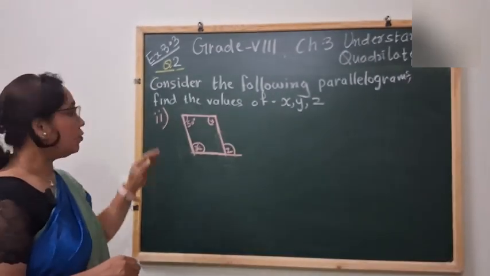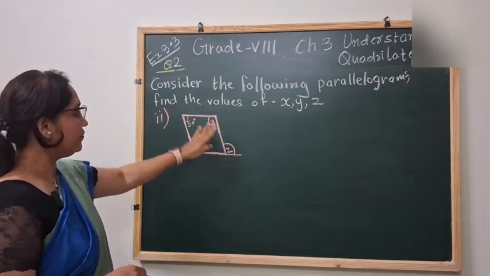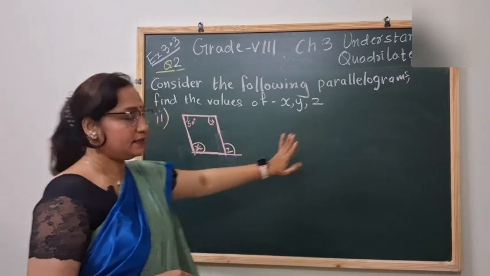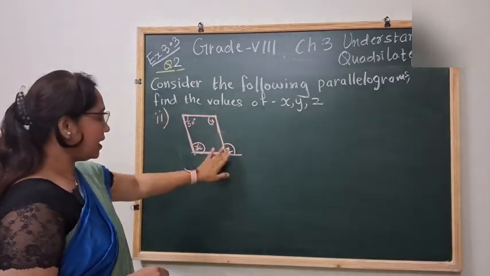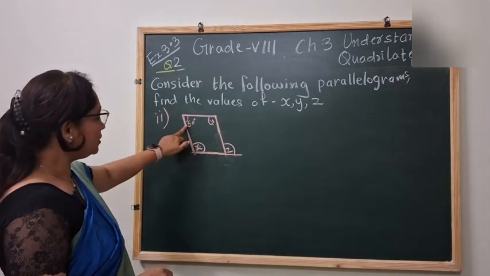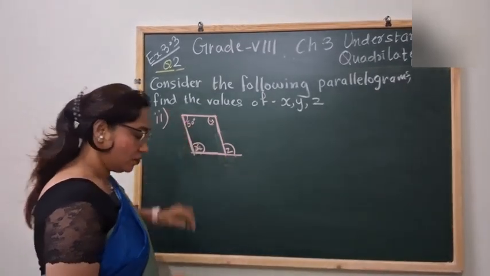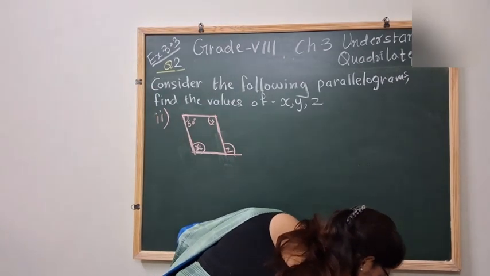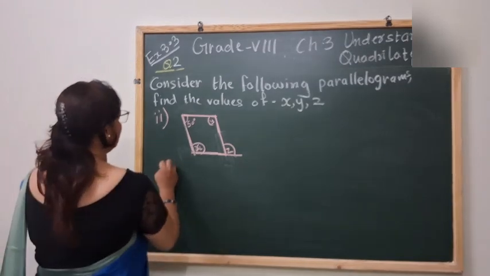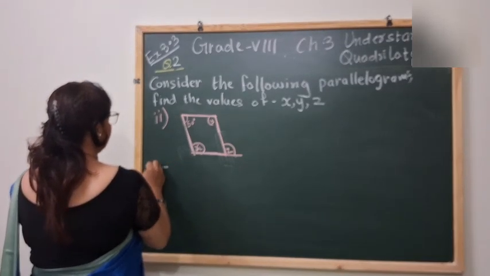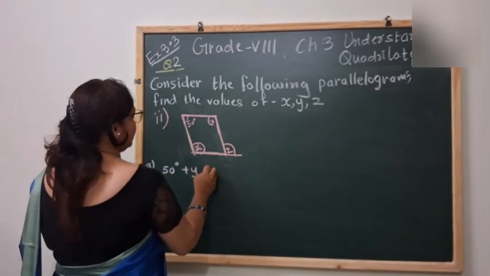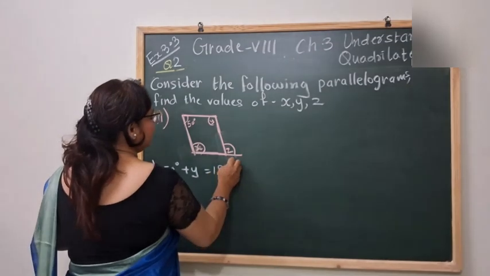Okay students, question number 2, second one. This is the figure given. Again in this we have to find value of x, y and z. As we can see that this one angle is already given. So now if I start, first one, 50 degrees plus y is equal to 180 degrees.